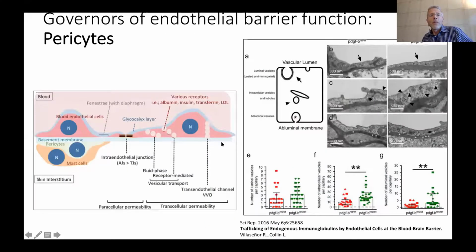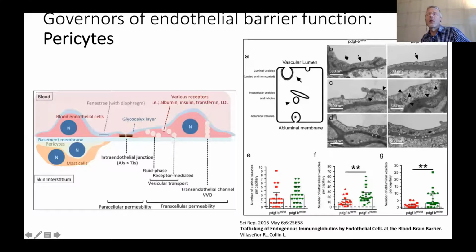One of the cell types that helps vessels mature are pericytes. And one of the things that pericytes do is that they prevent transcellular transport of molecules. You can see here pictures.